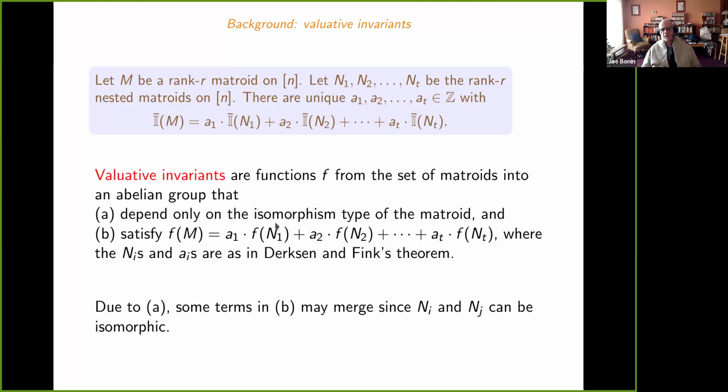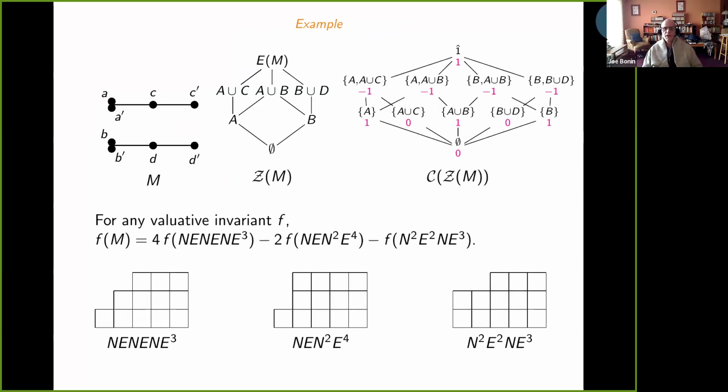Now, because valuative invariants just depend on the isomorphism type of the matroid, there's going to be a lot of collapsing when you evaluate this. A lot of these nested matroids are going to be isomorphic, so they're going to give you the same value. So we'll have to take that into account.